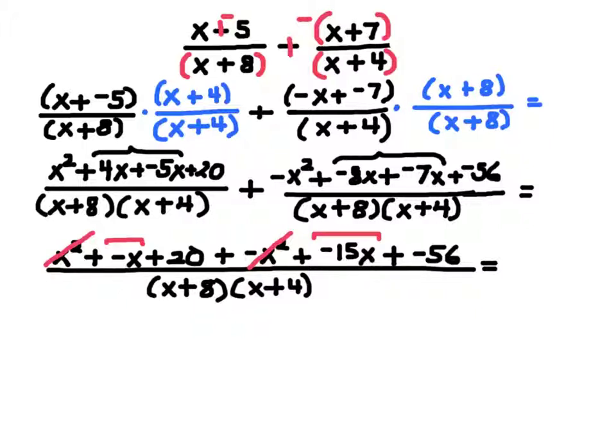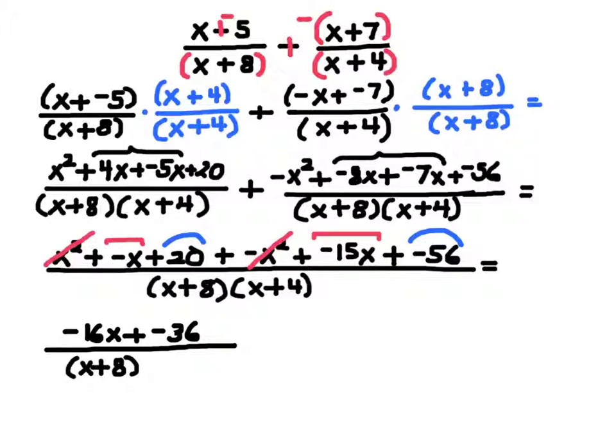And when we add those together, we get a negative 16x in the numerator, plus, and here we have a constant term of 20 and negative 56. And if we add those together, that gives us a negative 36. And this is all over our denominator, x plus 8 times x plus 4.